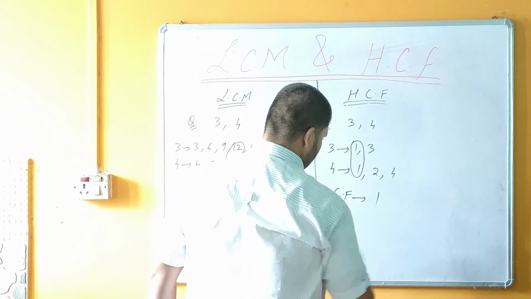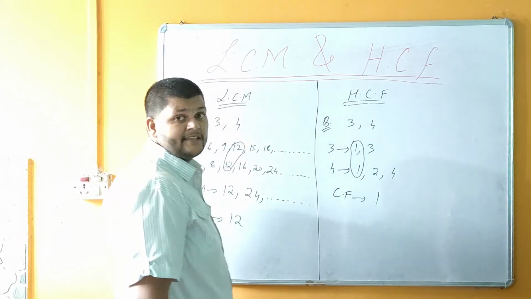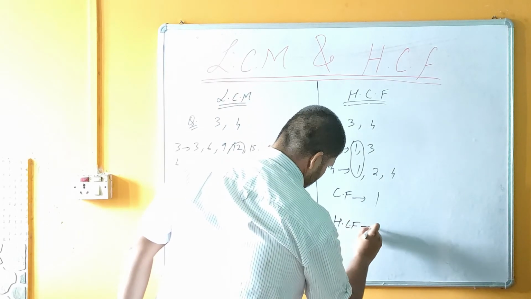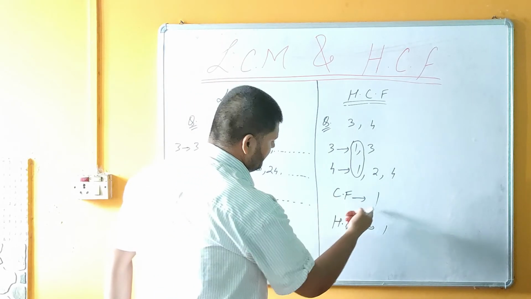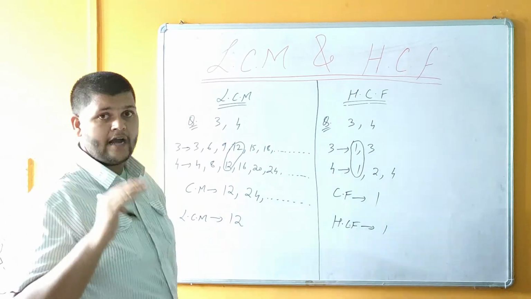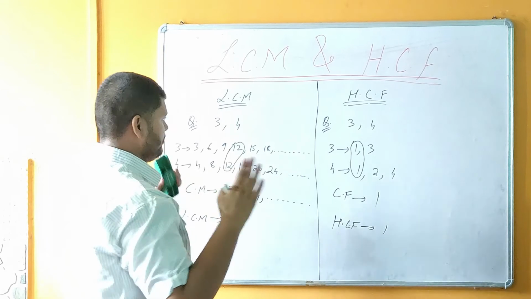So 1 will be the common factor, and of course we would like to find the highest common factor. So HCF will be 1 only, because only one number exists in the common factors, so the highest common factor will be 1 itself.